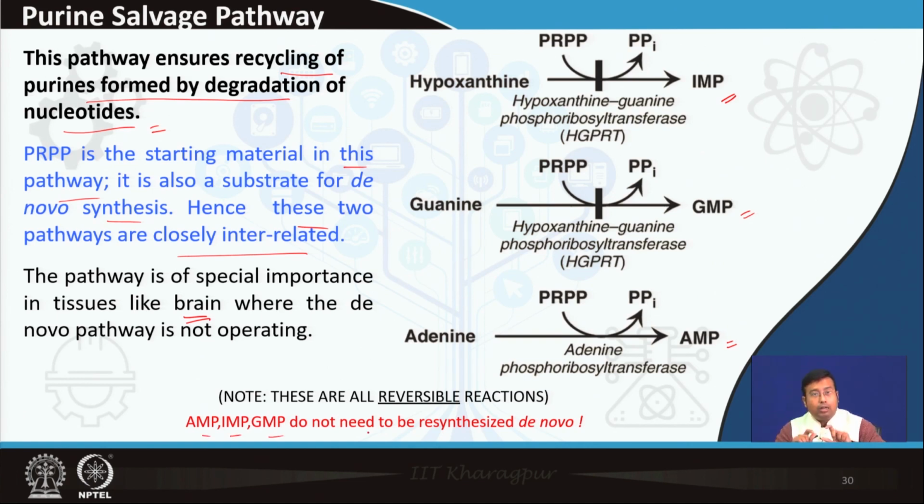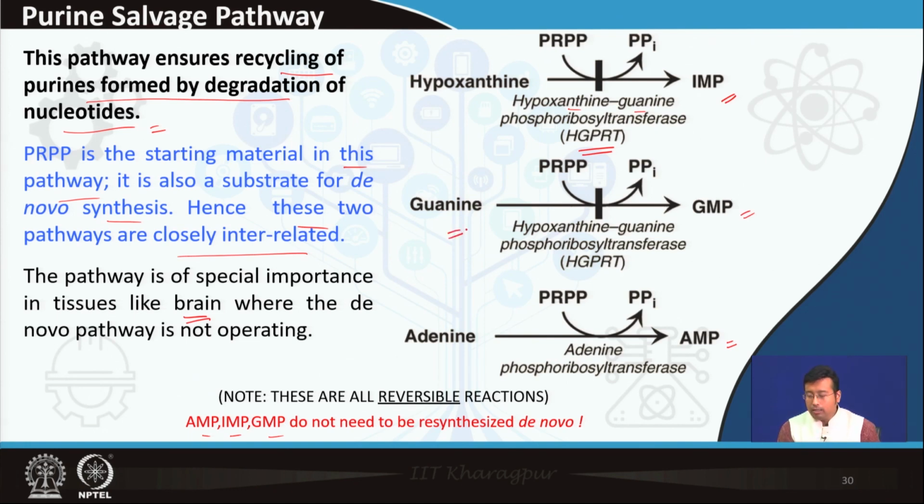So, very important, once we already have some nucleotides via de novo synthesis, they can be easily interchanged among themselves to form the corresponding nucleotides. And what are the enzymes? Hypoxanthine is converted to IMP by hypoxanthine guanine phosphoribosyl transferase, HGPRT. This is the enzyme which both IMP and GMP were inhibiting, right.